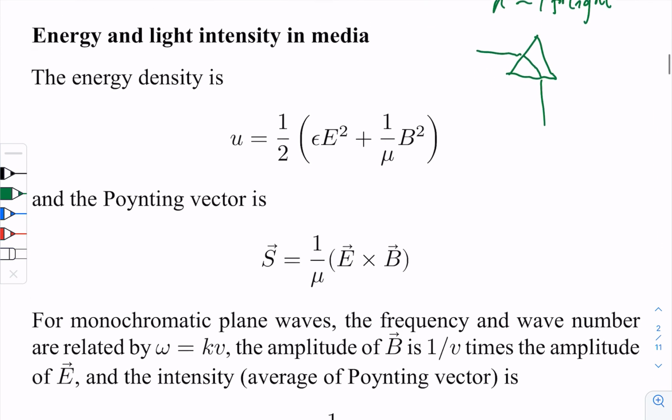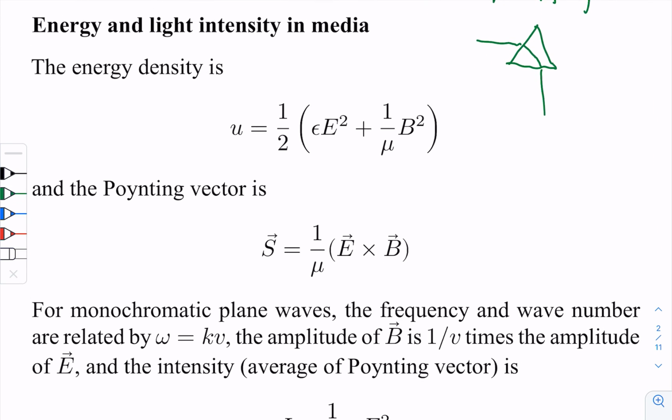Now, from the Maxwell equations, we can also get the energy density of light in media, analogous to the light propagated in vacuum. Instead of epsilon naught and mu naught, we have epsilon and mu here. And the average of the Poynting vector represents the intensity of the light.